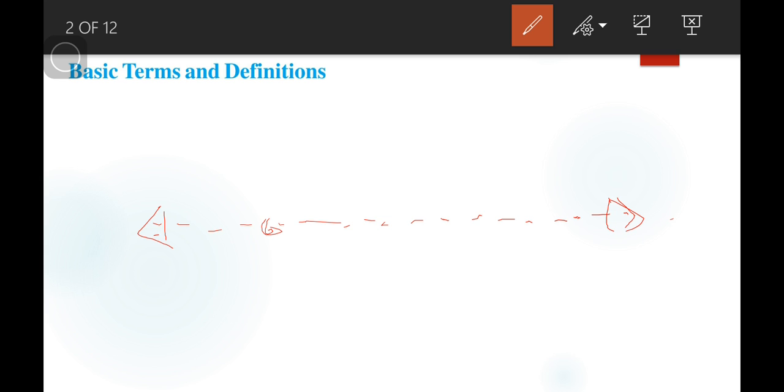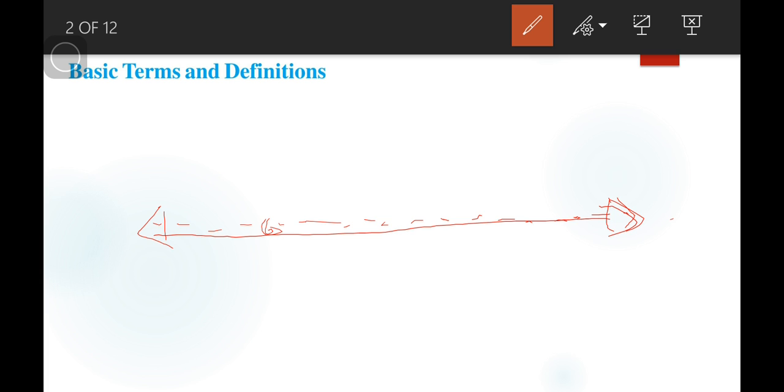Such a collection of points, in a sequence and extended to infinity on both sides, is known as a line.